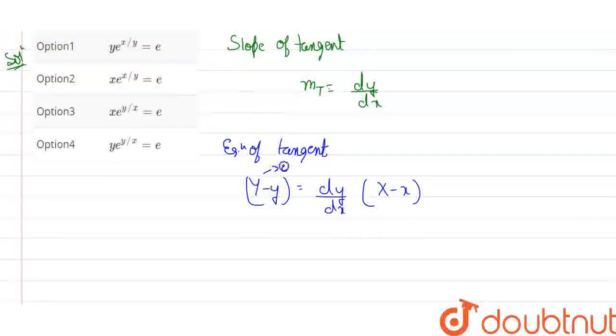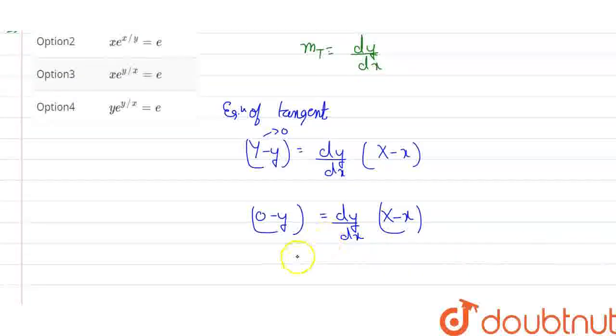So the equation will be 0 minus y equals dy by dx times (capital X minus small x). So capital X minus x equals minus of, this time, dx by dy.